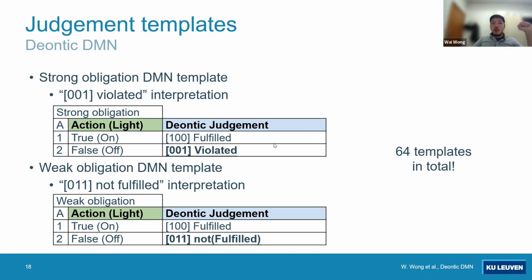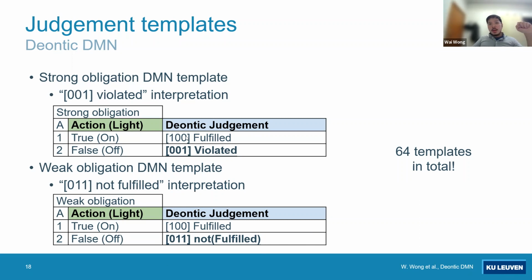If the action is false, you are violating the obligation. I would call this an obligation template. You can have another template where, if the action is true, you fulfill your obligation, but if the action is false, you are just not fulfilling your obligation. We can call this a weak obligation template.